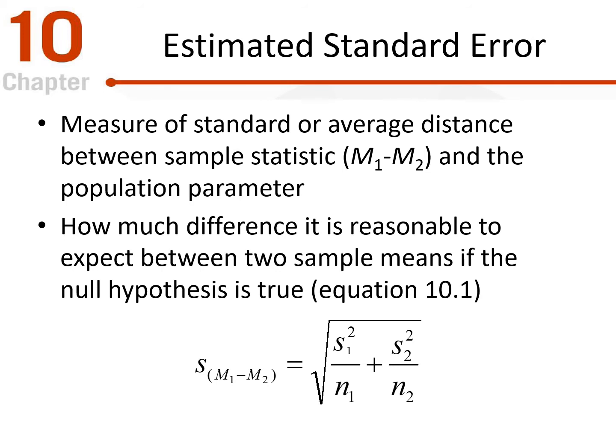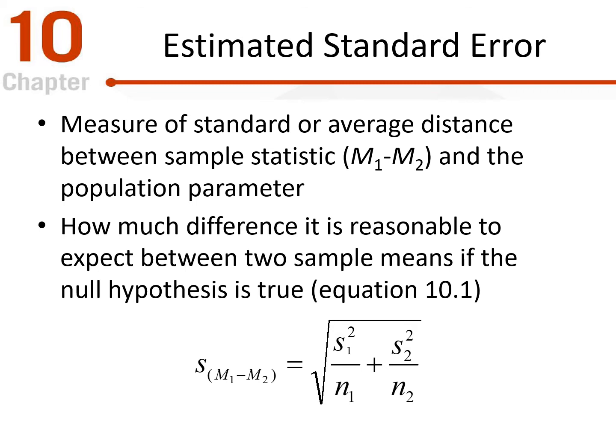Now, if you want to calculate the denominator of the t statistic here, we need the standard error of the sampling distribution of the differences between means. That sounds like a whole bunch of jargon. But basically, this is what would happen if the null hypothesis is true. This is the average discrepancy.